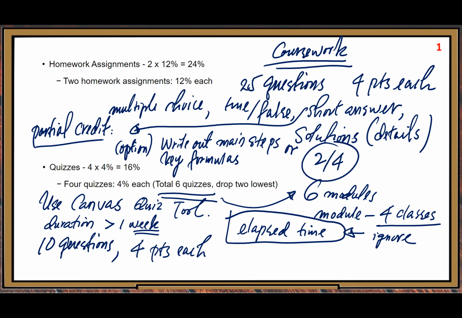But one thing that could happen is that sometimes you may write an answer that is pretty close to the correct answer, but Canvas does not give you full credit. That could happen. In that case, you just send me an email. You just ask me. I will look at your case.